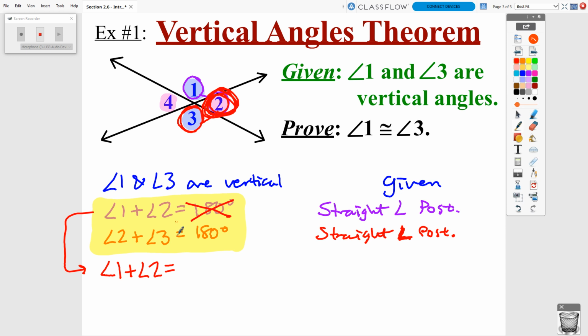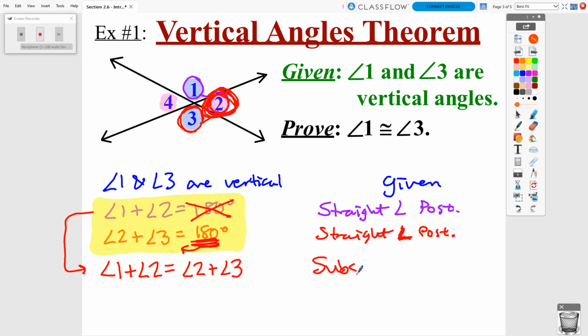Do I have anything else in this problem that I know is the same as 180 degrees? Oh, I do. Angles 2 and 3 added together. So I'm going to substitute out that 180 degrees with what else I know 180 degrees is equivalent to.